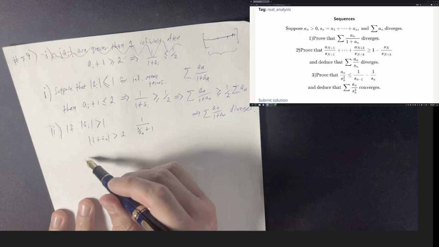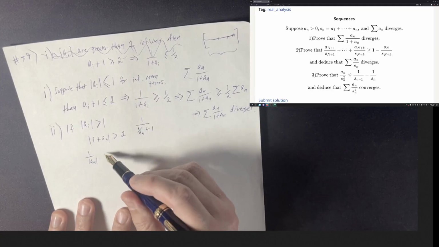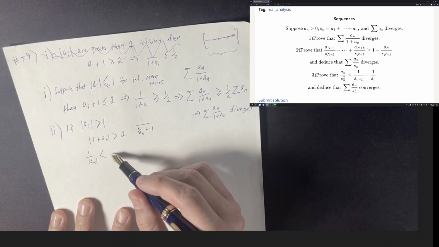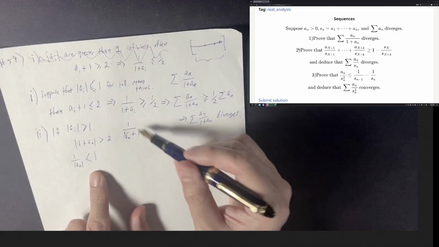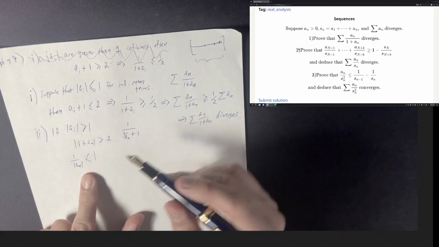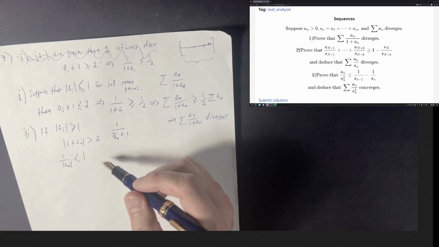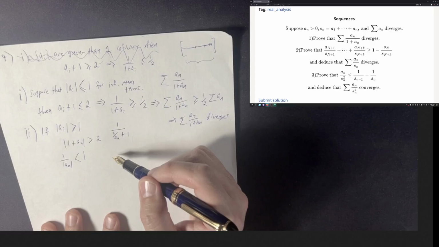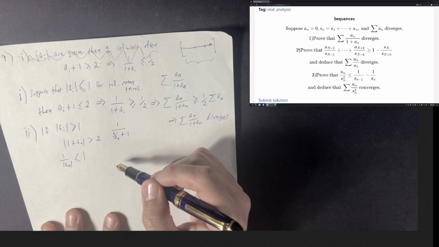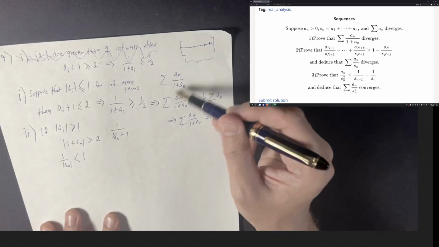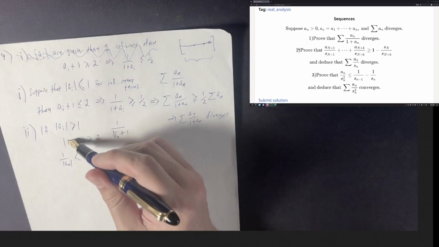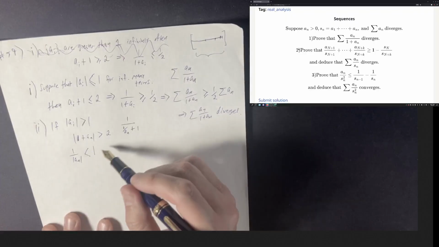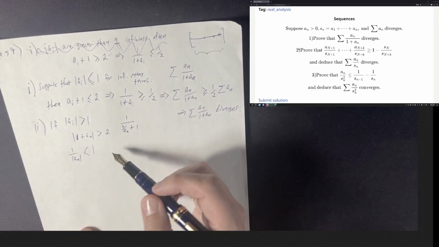If this happens, then 1 over a_n is less than 1. Is this bigger than half? You see what I'm saying? I think we've got a lower bound for the size of the terms in this case, and it's not 0, and that's enough to say it's divergent. But I don't quite see it yet. I'm circling it.